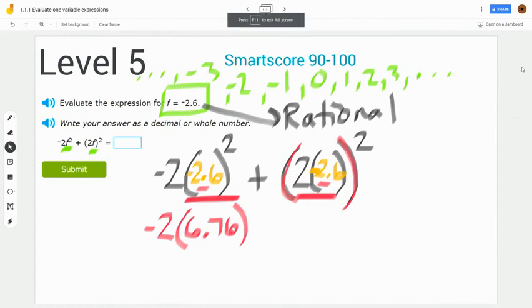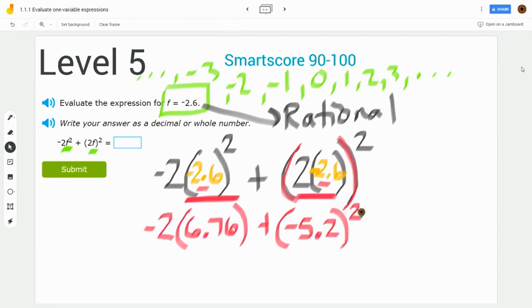Anyway, continuing on, now we have plus, and now 2 times -2.6, that is going to be -5.2 when we multiply those. And it still has the exponent of 2, right? That's still got to come down here. Okay, so now the next level is we can do the exponent over here, and we'll have to multiply on this side.